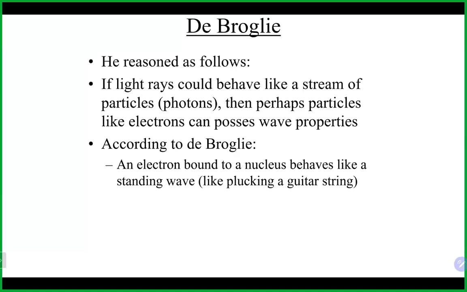If you have a standing wave like on a guitar string and you pluck it, you will have a wave that occurs, but your string is not going to go anywhere because it is attached to the guitar. Hence the standing wave. That's how he envisioned electrons: even though electrons are particles, they can have this standing wave type function.